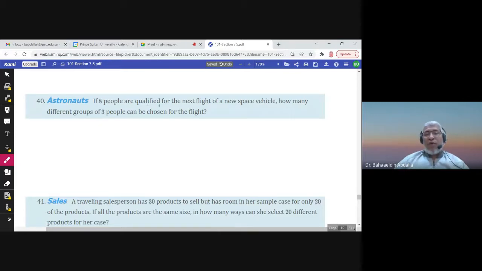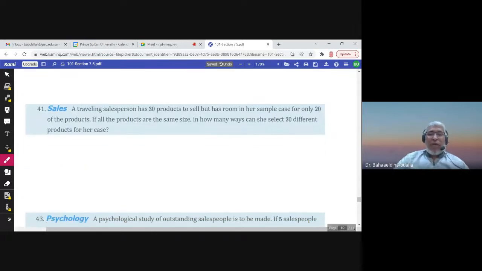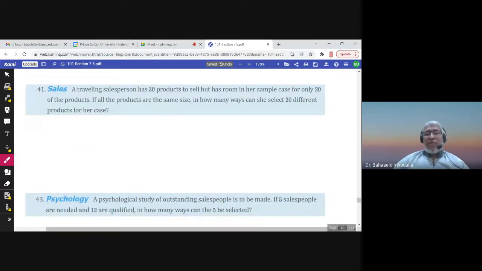8 people are qualified for the next flight of a new space vehicle. How many different groups of 3 people can be chosen for the flight? Choose 3 from 8 without any order. A traveling salesperson has 30 products to sell, but has room in her sample case for only 20 of the products.